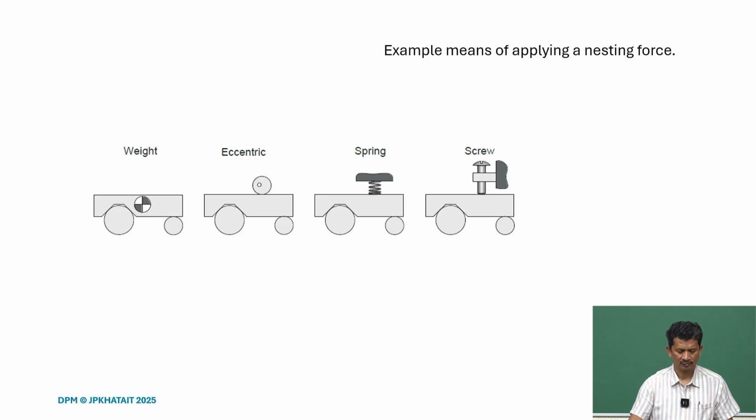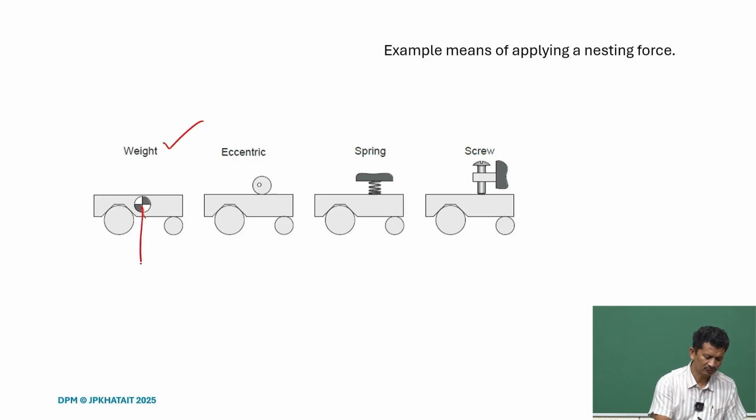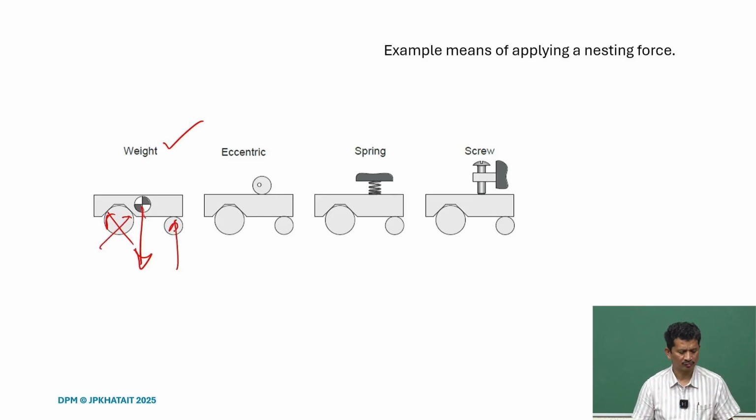So, there are different ways, and without creating problem, what we discussed in the earlier slide, how to get the nesting force. So, one is the weight. Because of the weight, we can always get sufficient contact. So, weight can also provide sufficient nesting force, but many times we do not have that luxury.